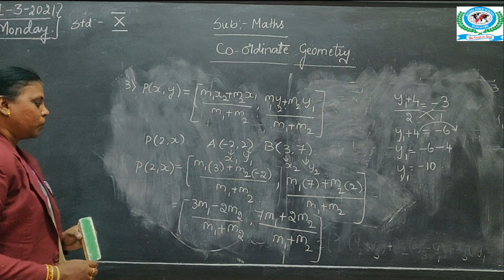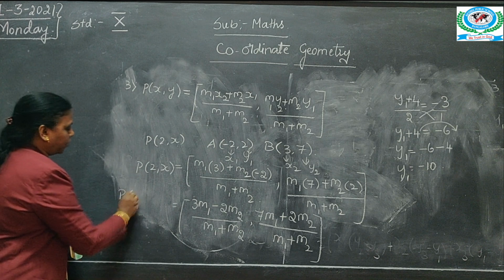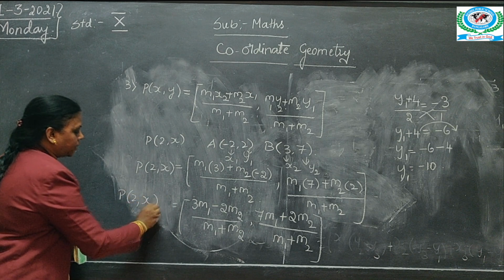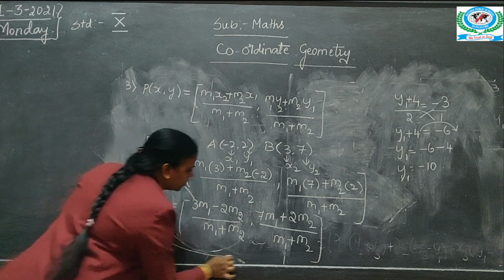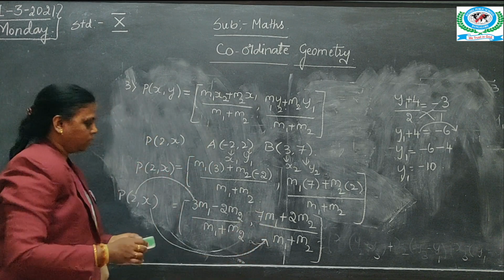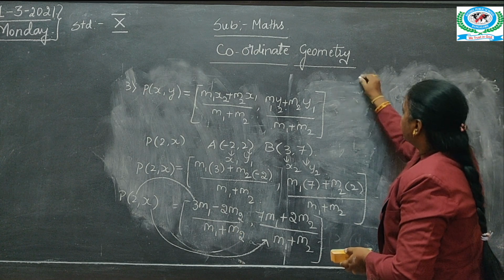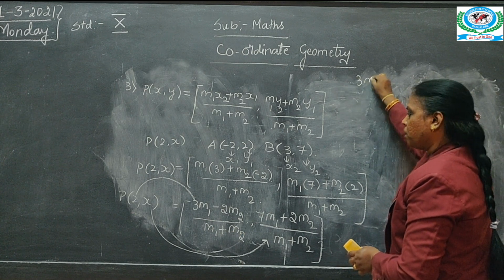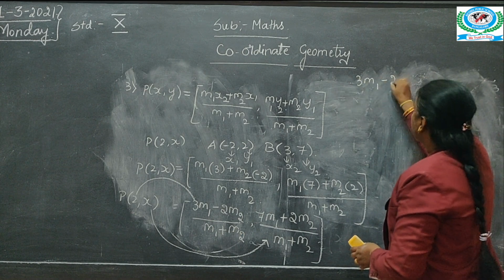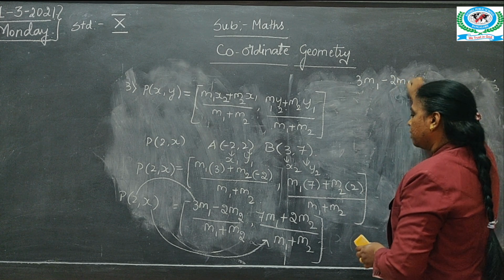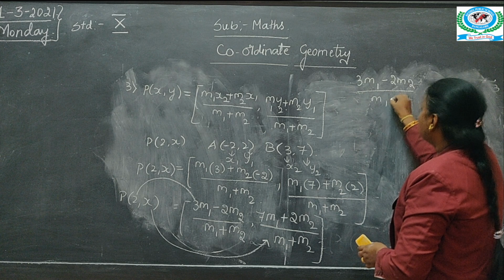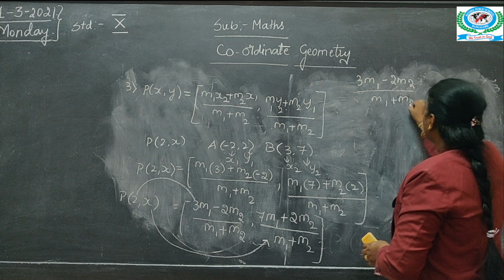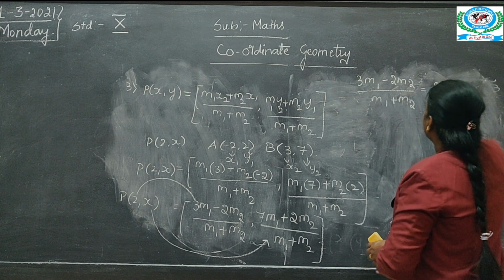Okay, so now this side you have P of 2 comma x. So this 2 you equate to this, and this x you equate to the other. So 3 times m1 minus 2 times m2 divided by m1 plus m2 is equal to 2.